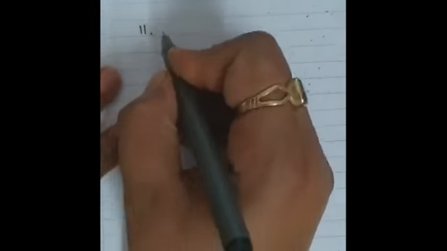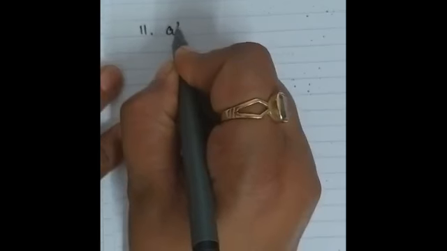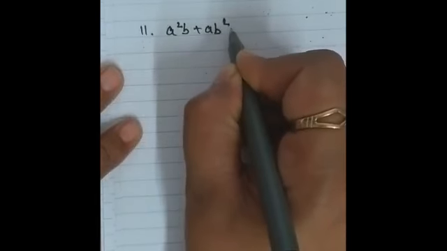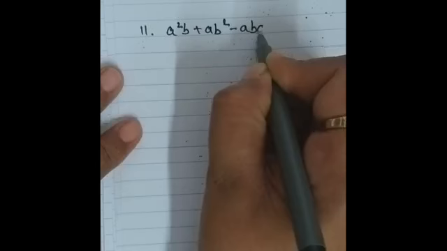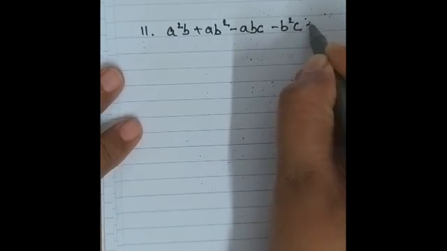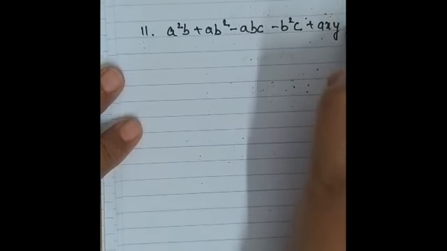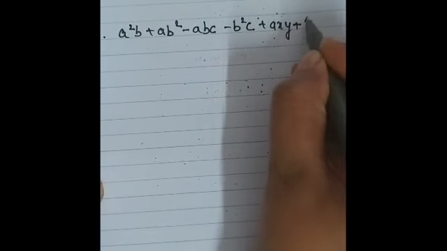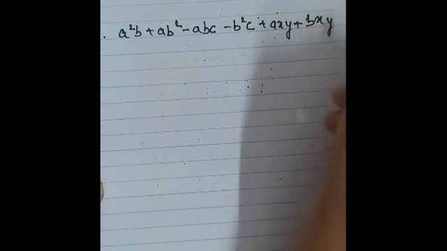It's question number 11. It's given a square b plus ab square minus abc minus b square c plus axy plus bxy.